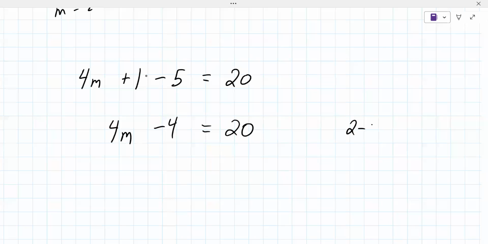Now this is a two-step equation. We did a bunch of these last time. We've been doing a bunch of these in the last couple weeks. Do you want to give this one a try, please, and let me know what you come up with? I'm asking you to try solving this for me.